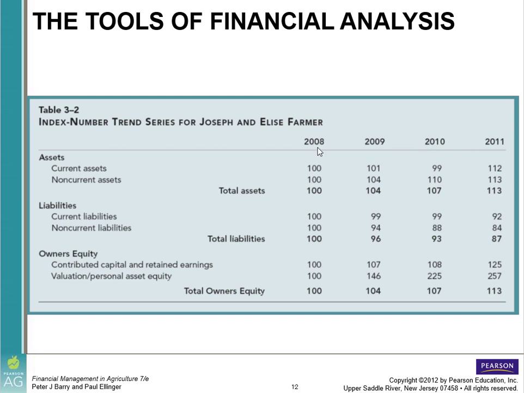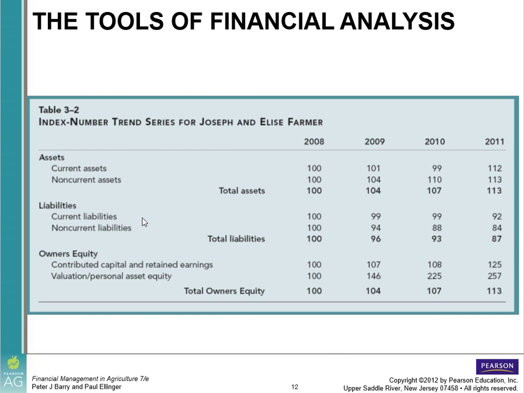Relative to 2008, in 2010, your assets grew by 7%, and in 2011 by 13%. Notice how your liabilities declined from like 96 to 93. So here the decline is 4%, here the decline is 7%, and here the decline is 13%. So you can see how if 2008 is your base year, that is 100, then the comparison can be made.